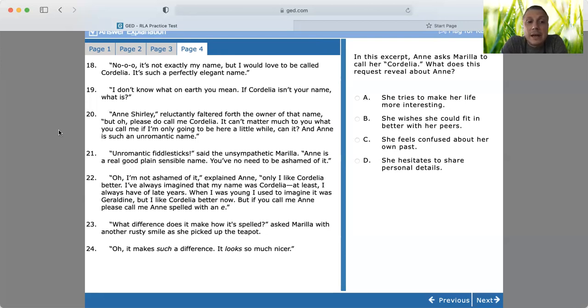"Only I like Cordelia better. I've always imagined that my name was Cordelia. At least I always have of late years. When I was young, I used to imagine it was Geraldine, but I like Cordelia better now. But if you call me Anne, please call me Anne spelled with an E." "What difference does it make how it's spelled?" asked Marilla with another rusty smile as she picked up the teapot. "Oh, it makes such a difference. It looks so much nicer."